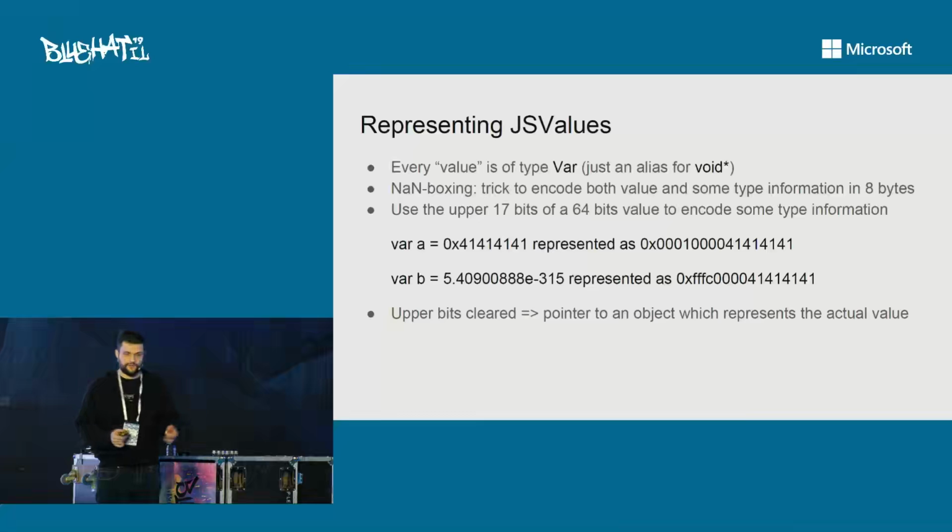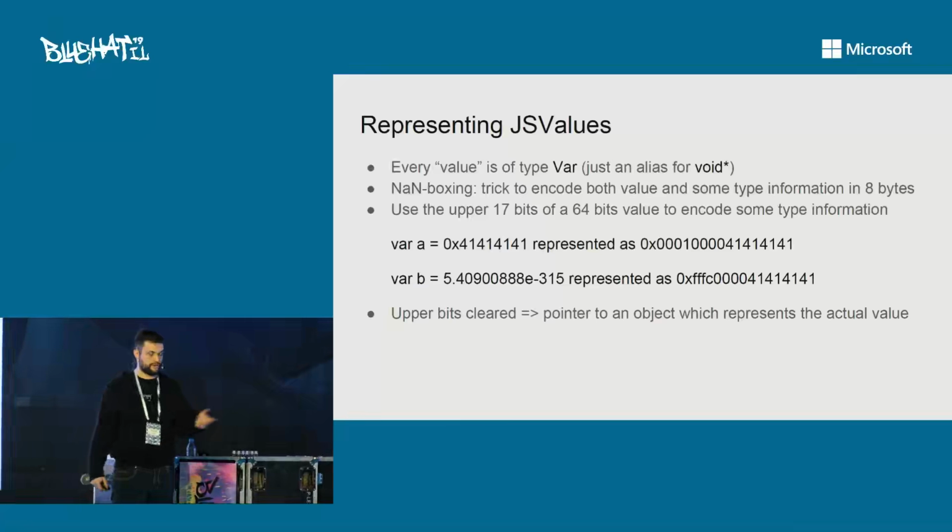Chakra uses a trick that you find also in other engines, which is nan-boxing. It's a trick where, in 8 bytes, you can encode some kind of type information as well as the value itself. How that looks in Chakra: if you take the integer 0x41414141, it is represented internally as the thing you have on the right, which is 414141 with the 48th bit set.